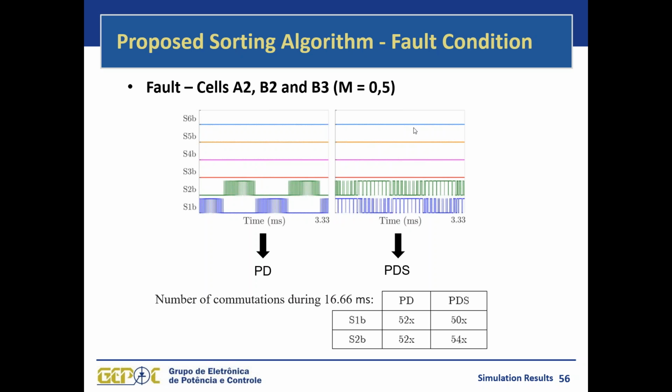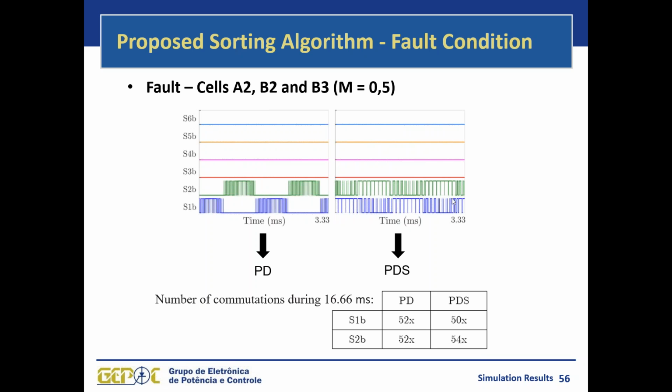If we apply our strategy, even though we have these other switches bypassed, we can evenly distribute the pulses throughout the whole fundamental cycle. It still has a higher switching frequency because we don't have PWM on the other cells, but we are able to distribute the pulses in the switches.